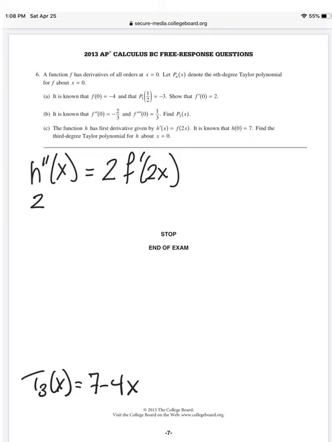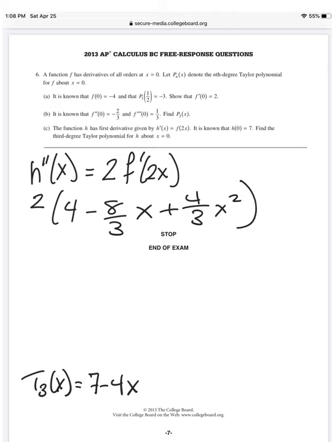So we take the derivative again, so you get 2 times 4 minus 8/3 x plus 4/3 x squared, but you're plugging in 2x.